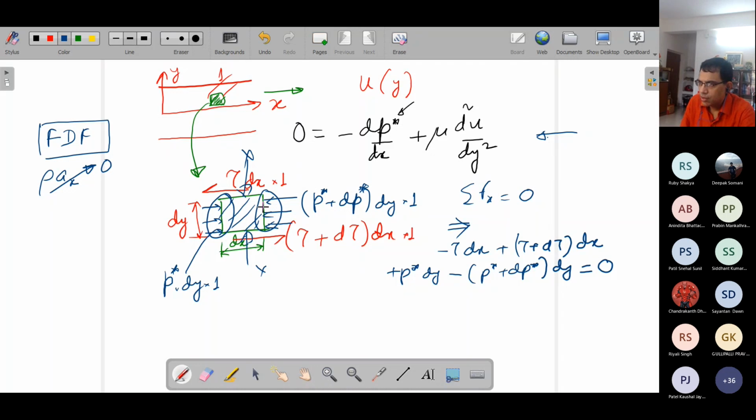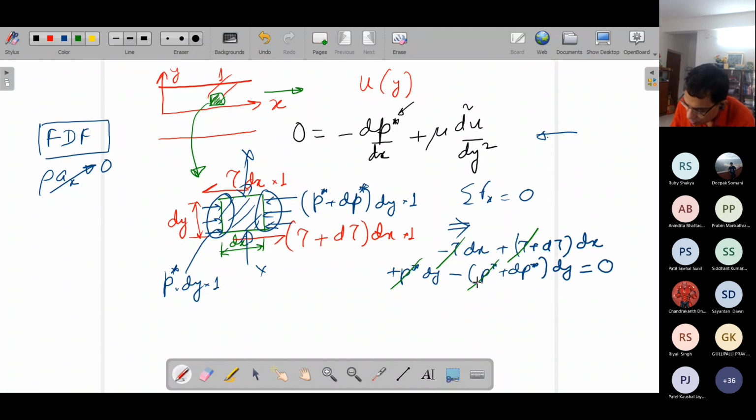So in that way, we can simply cancel certain things. Let us do it with some different color. So tau, this minus and plus will cancel. P star plus and minus cancel.